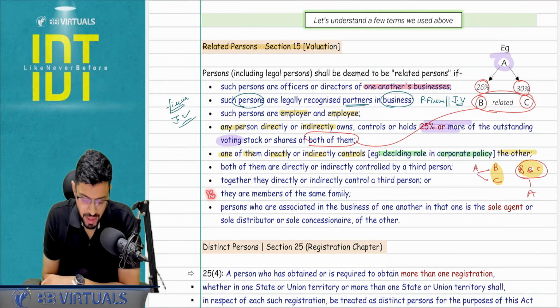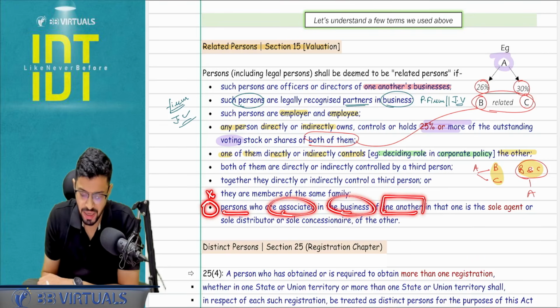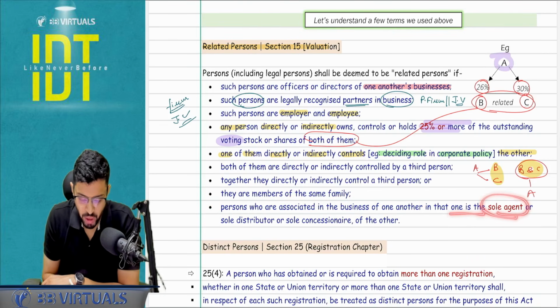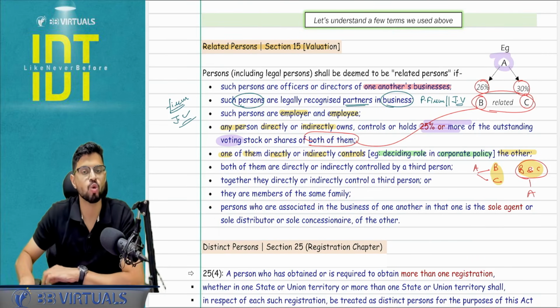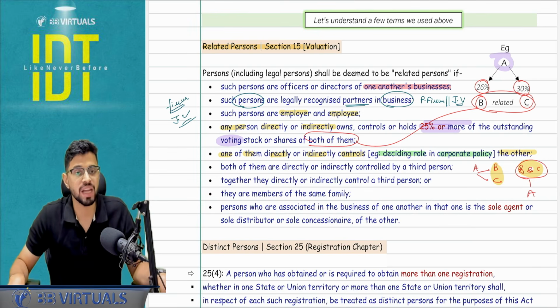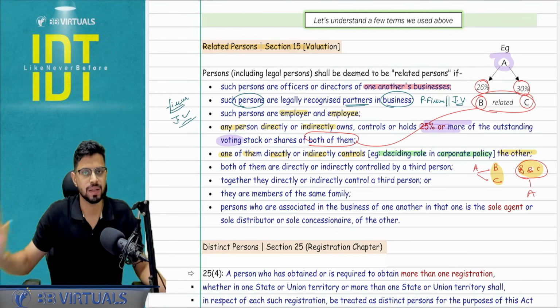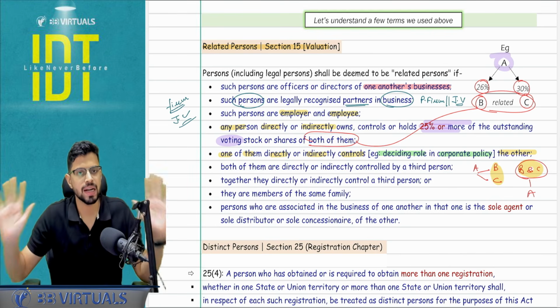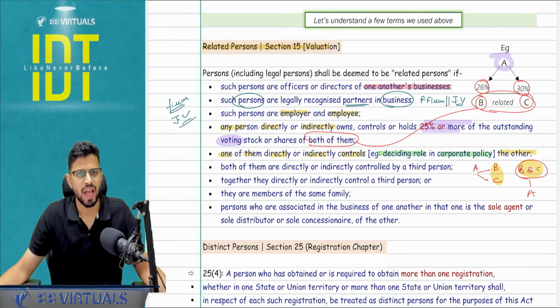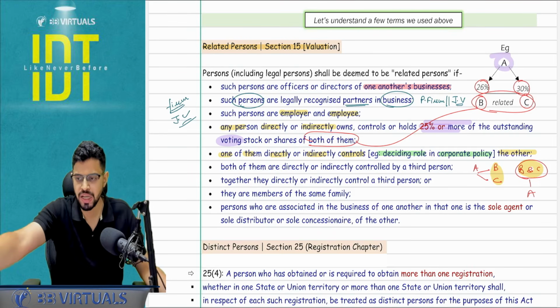Leave this for one moment. Last, persons who are associated in the business of one another, in that one is the sole agent, sole distributor, or sole concessionaire of the other. Meaning, in my entire business, I have only one person as the agent, that is Gayatri. Gayatri and me are related persons to each other. I have 5 agents: Gayatri, Prajit, Harshini, Lingu, and Eva.